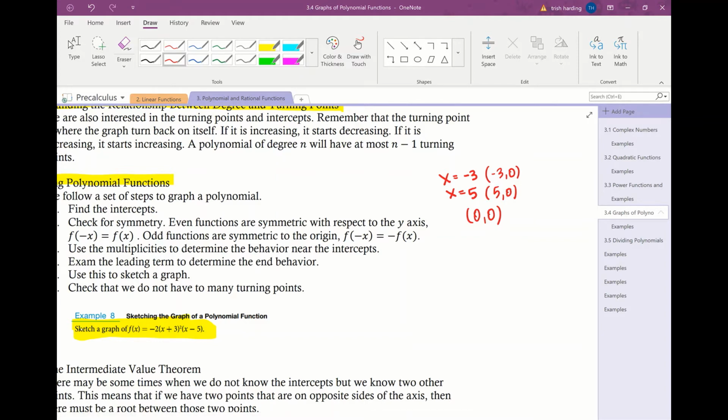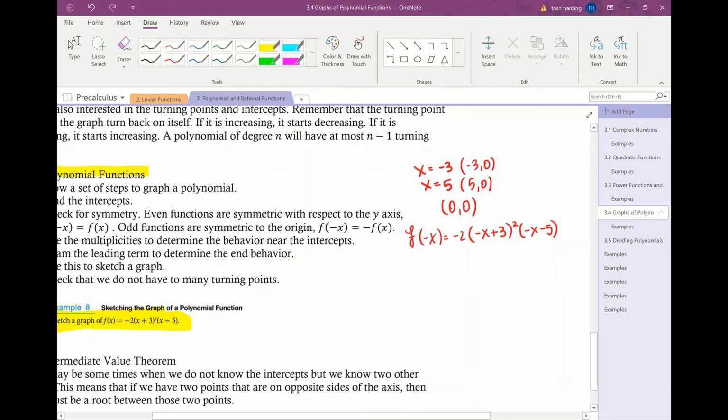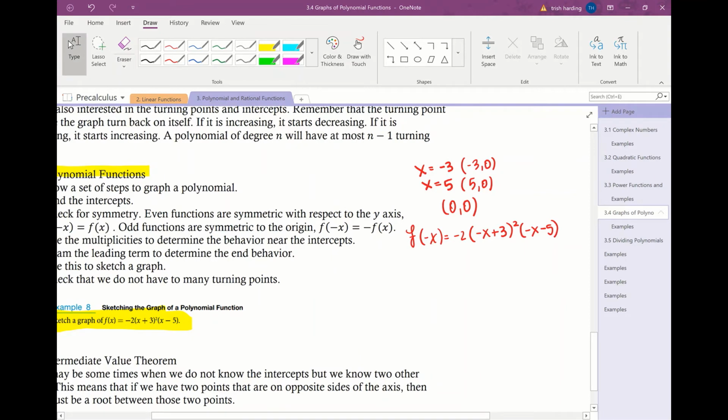So we're going to check for symmetry. First, we will check for f of -x. So I'm going to make all my x's negative. So that's -x plus 3 squared, times -x minus 5. An easier way for me to do this would be to multiply all these out. So I am going to start by doing that.